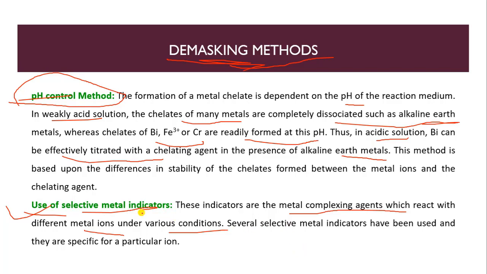So we can select an indicator for different analyses, to identify different analytes. Several selective metal indicators have been used and they are specific for particular ions. So this is all about masking and demasking methods as well as agents.